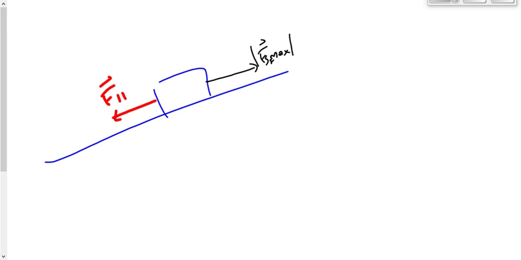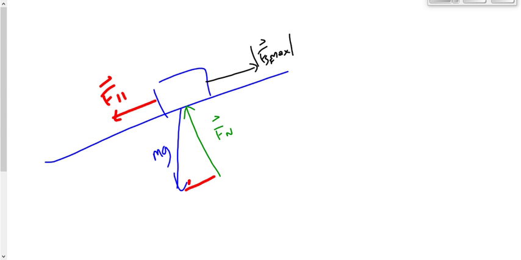What is my applied force here? Well, because I'm increasing the angle of the incline, my applied force is my F parallel. So how do we find the value of F parallel so that we can find F static friction max? Well, you guys know this as well. This is the force of gravity acting down. This is the normal force acting perpendicular to the surface.